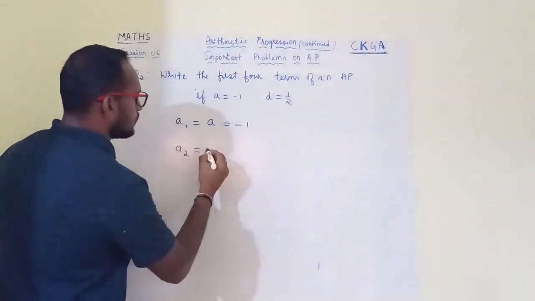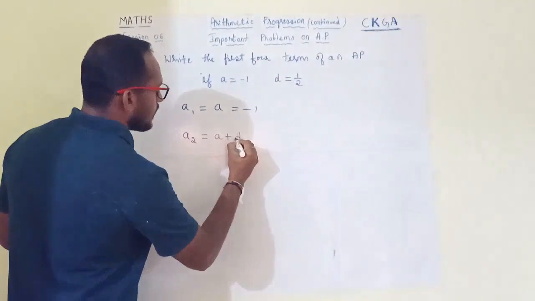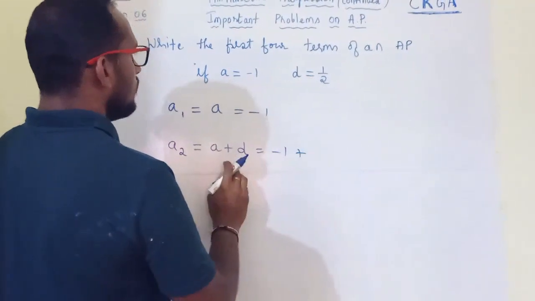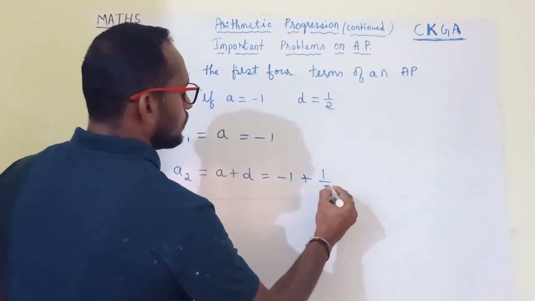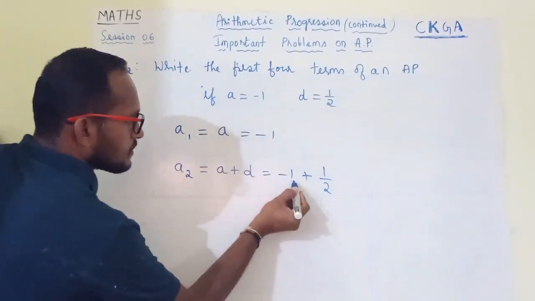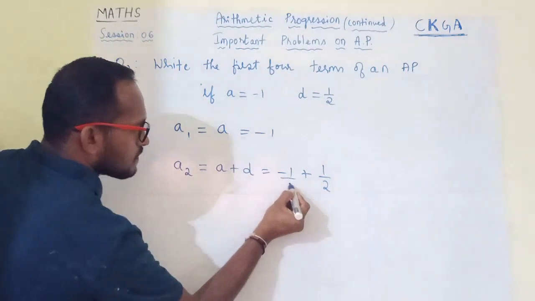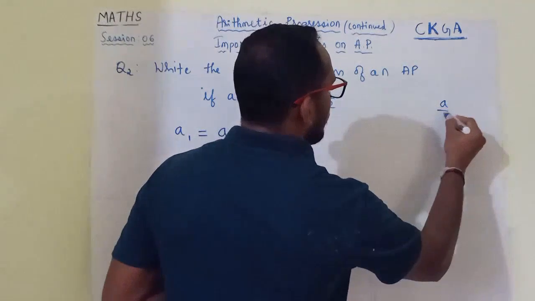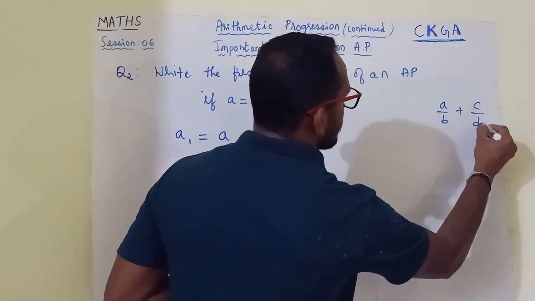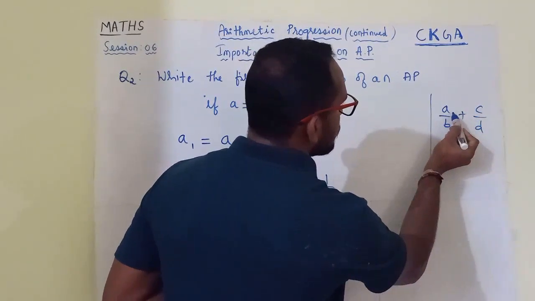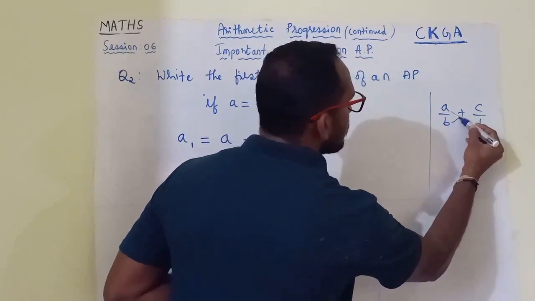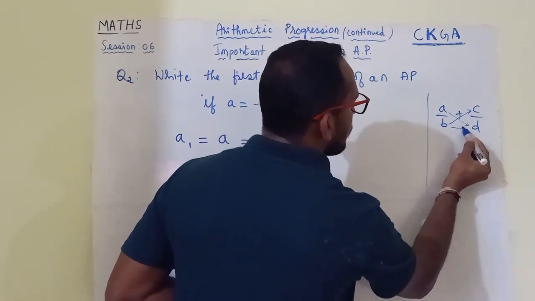For A2, as you know, the second term of an AP is A plus D. That is, you add D to A: A equals minus 1 plus D equals 1 by 2. For simplification I will write minus 1 as minus 1 by 1. Then you can add using the crisscross addition technique, as I told you for a by b plus c by d: multiply a with d, b with c, and b with d.